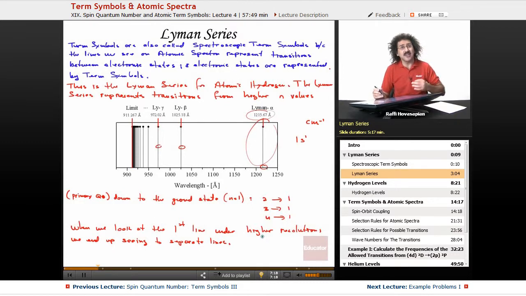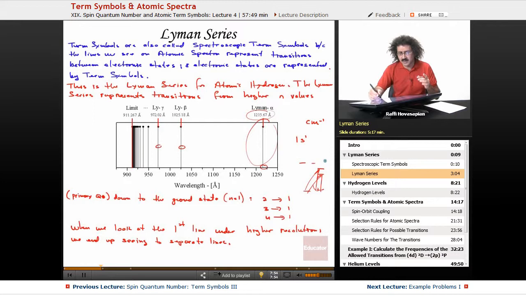When we see two lines, each line represents an energy level. So it's jumping up and then dropping back down, but it seems like there are two different levels. Either it's jumping up to two different levels and each of those levels is dropping back down to the ground state, giving two lines because there are two very closely spaced energy levels that look like one line under lower resolution.